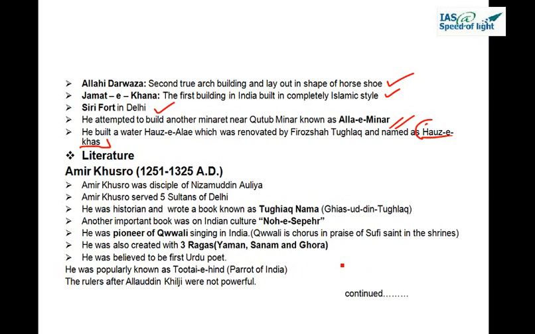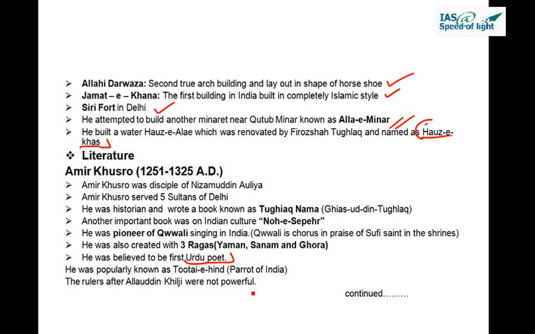He was popularly known as Tuti-e-Hind, that is, the parrot of India. I think we still have to discuss the first Urdu poet. Actually, Urdu is a language which developed in India only. Urdu evolved with the mixture of Central Asian languages, like Arabic, the classical Arabic language, and other regional languages of India, including Hindi.